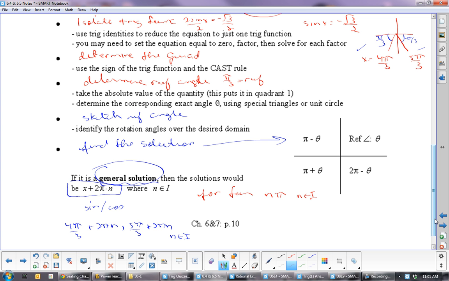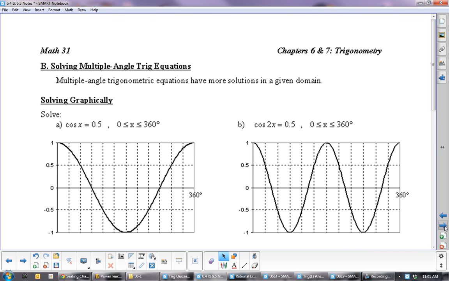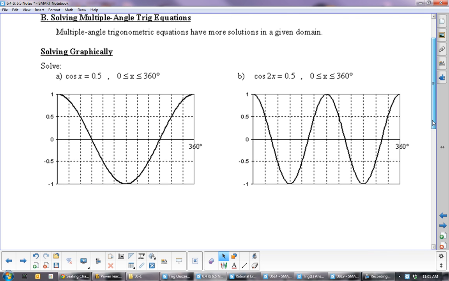Okay, now this is the part I was talking about that I know caused you guys a little bit of grief last semester. And that was with multiples. So when cos x equals 0.5, well, that's just off your unit circle. But when it's cos 2x, cos 4x, cos 6x, remember those?